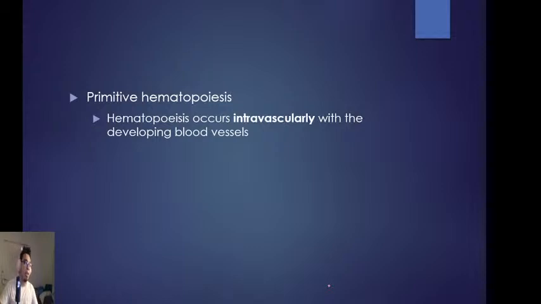So, intravascular. It's quite a fascinating feature of hematopoiesis because most of the time you would expect things to grow inside the organs. But in primitive hematopoiesis, it occurs intravascularly as the angioblasts allow the development of the primitive blood vessels, the starter pack, kumbaga, ng mga blood vessels natin.